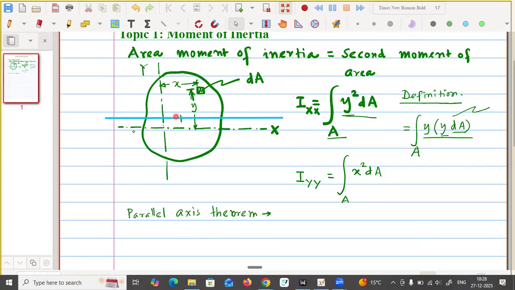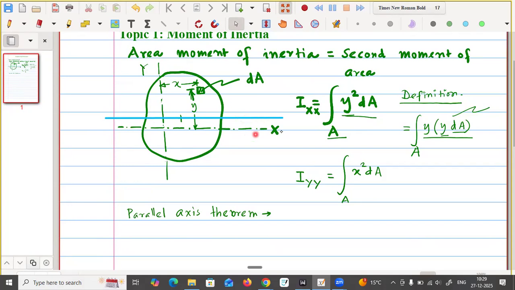Can you see the highlighter? Yes, sir. Red color highlighter. Is it visible? Okay. So, okay. Now this is the axis, that is the centroidal axis.